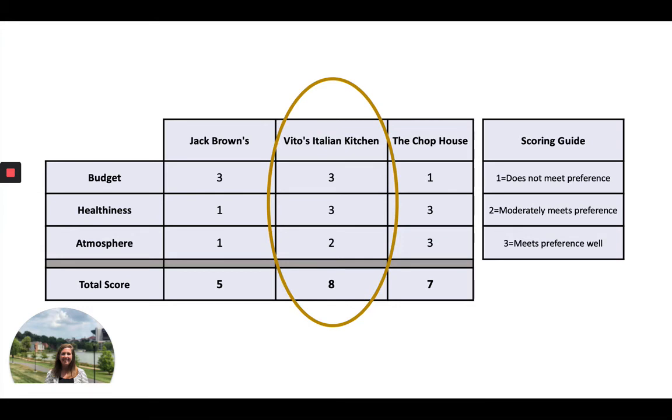And if you're making a big decision, such as a major or a career, 1 point might not seem significant enough to help you push over the line to go, this is the one I want to choose. So there's another option to doing this grid that can help you hopefully broaden that gap so that you can see what's most important.